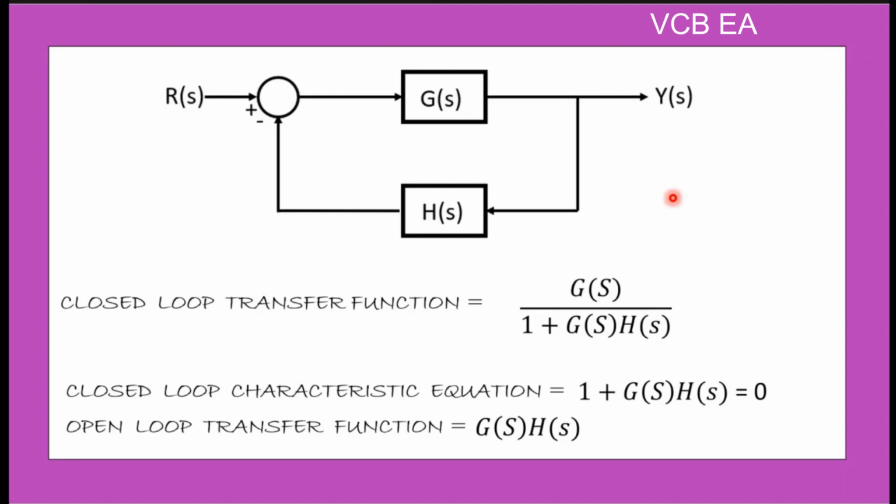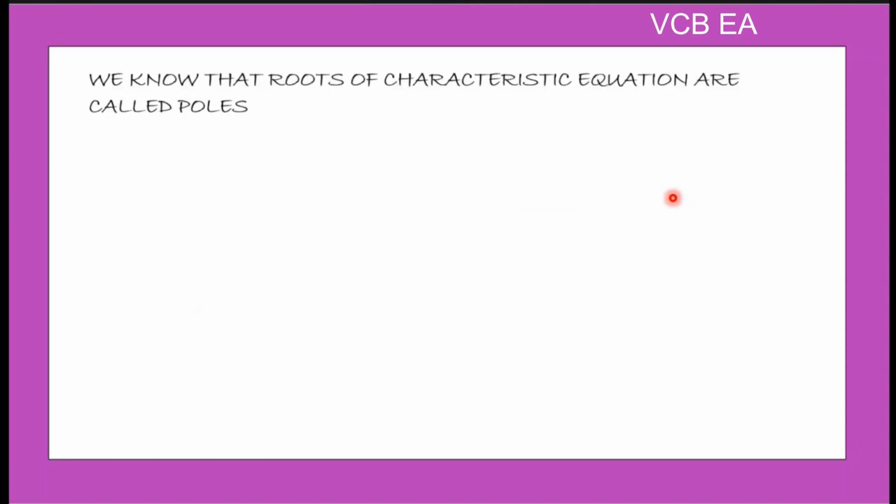We all know that poles affect the stability of the system and zeros affect the performance of the system. As we are intended to discuss the stability of the system, we should know what is meant by poles. Poles are nothing but the roots of the characteristic equation.